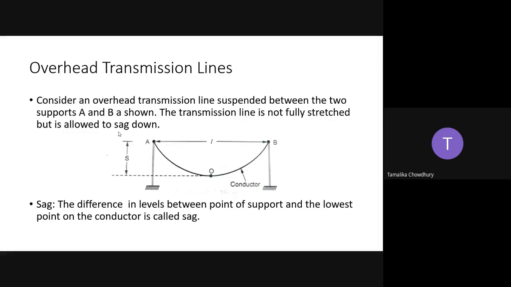Here, there are two cases of calculation of sag. The first case is when the two supports are at equal level, meaning A and B are on the same straight line. The second case is at unequal level, when the two supports are at unequal levels and the conductor is hanging between them.